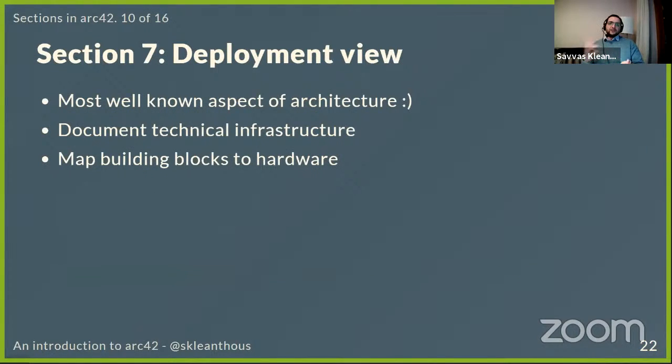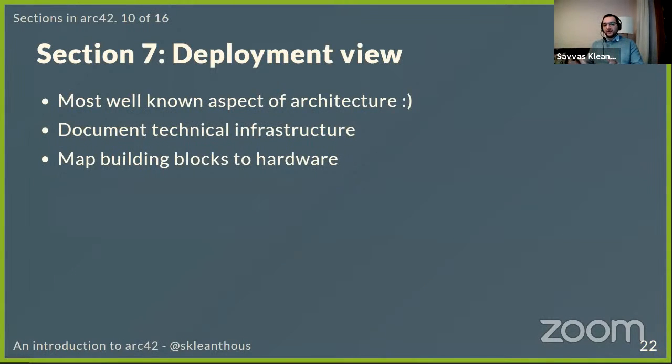The deployment view is one of the most common types of architectural documentation that I have found. In one of my early slides, I was explaining what I had the chance to see, especially in Northern enterprises: if there was any documentation, it usually was documentation about deployments.